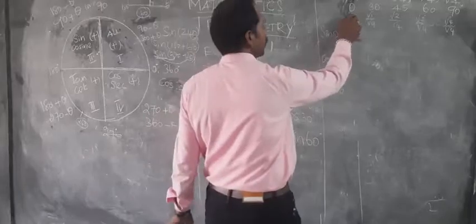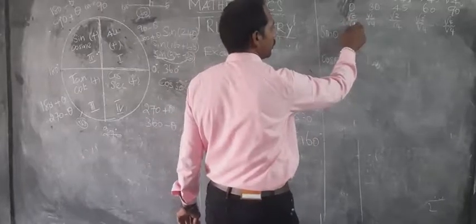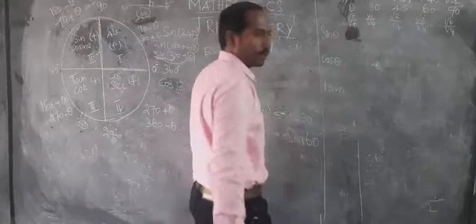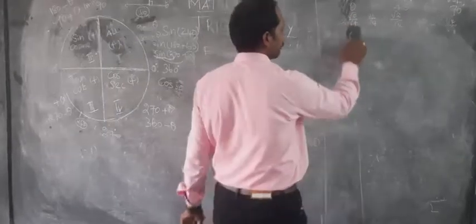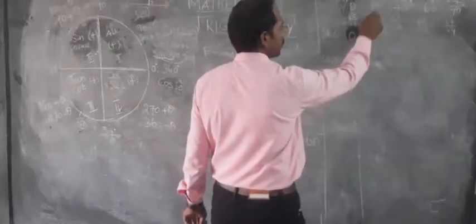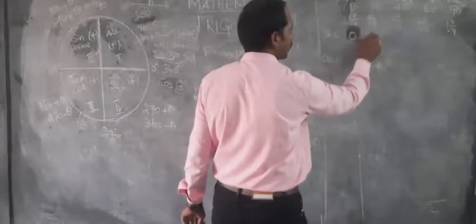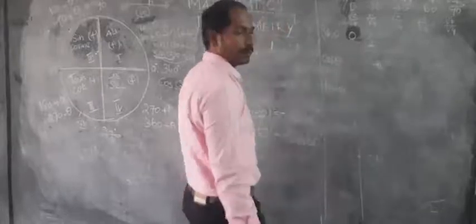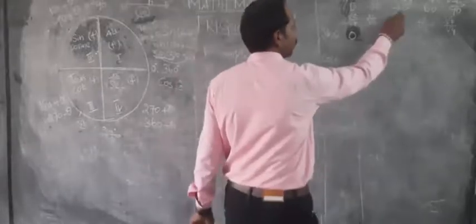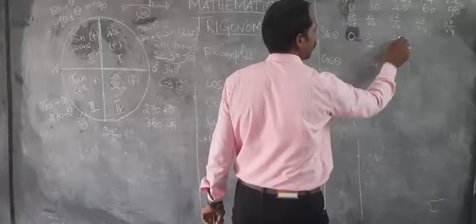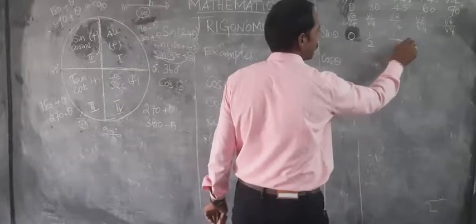So root of 0 is 0, but the root of 4 is 2. So 0 by any number you get 0. So here, root of 1 is 1, but root of 4 will come 2. Here root 2 divided by root 4 means you can cancel it. So here 1 over root 2.